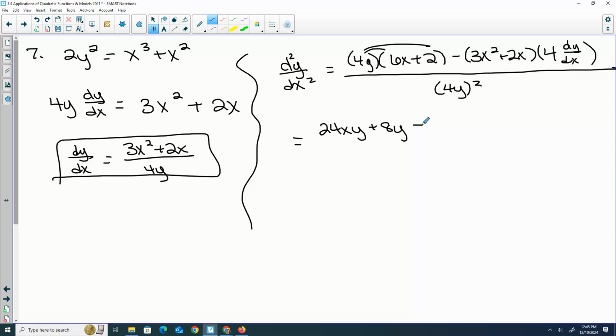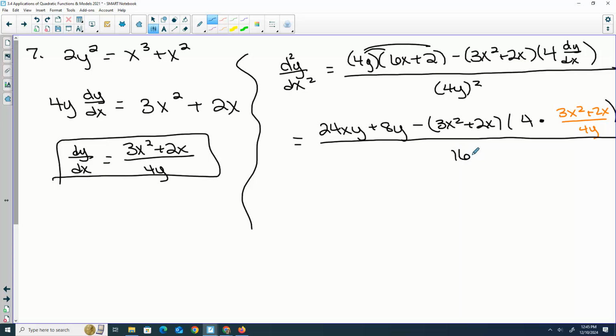Over here, I'm going to hold off for just a second. dy dx is all that over 4y squared, which is 16y squared. Okay, so those first two terms, if you left it as 4y times that thing, that's okay. If you multiply it out, that's great too.